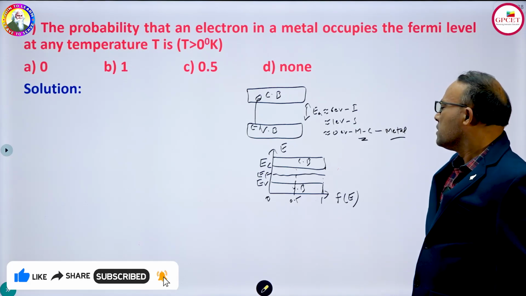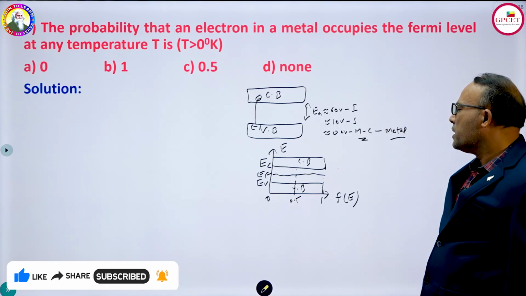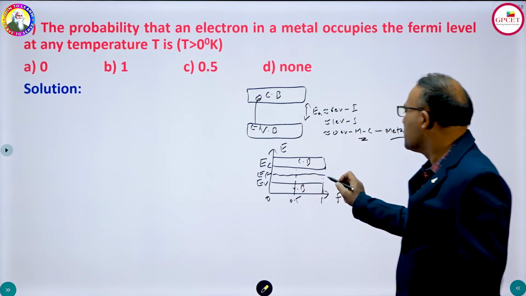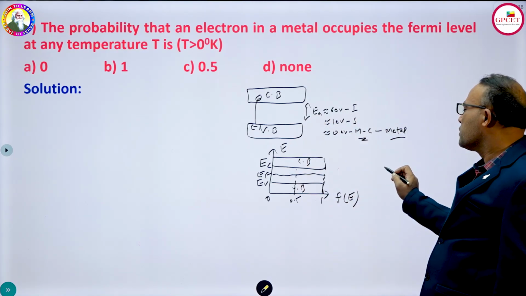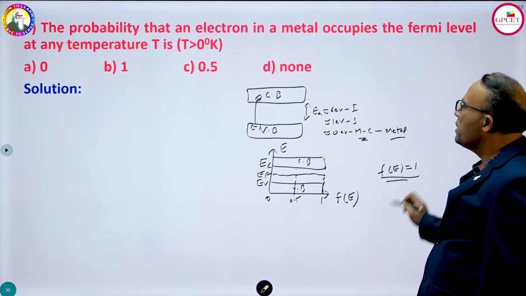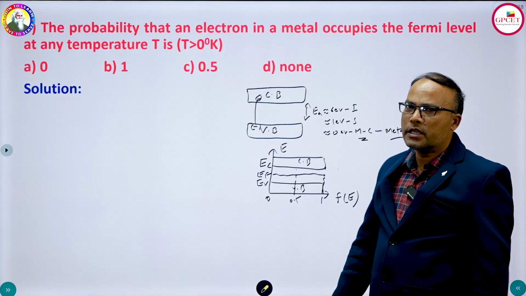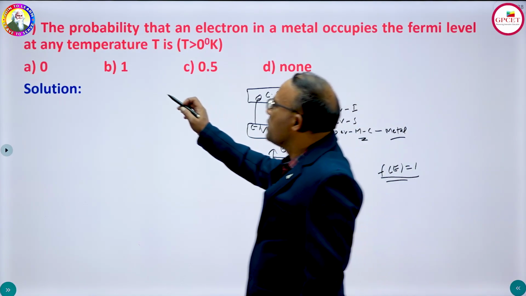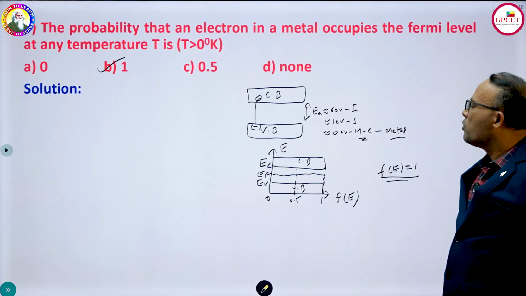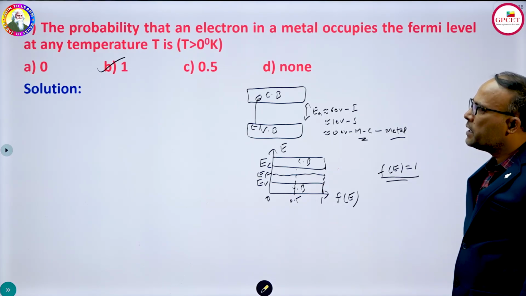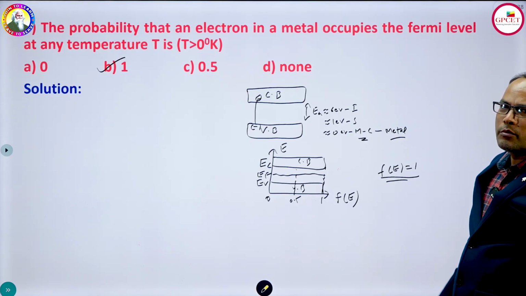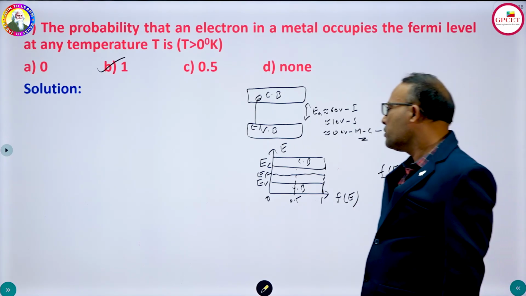So the electrons are always already filled. So what does the probability mean? The probability of occupying, because it has already been filled, is f of E equal to 1 for any temperature T greater than 0 degree Kelvin. So the answer here is B: the probability is equal to 1.